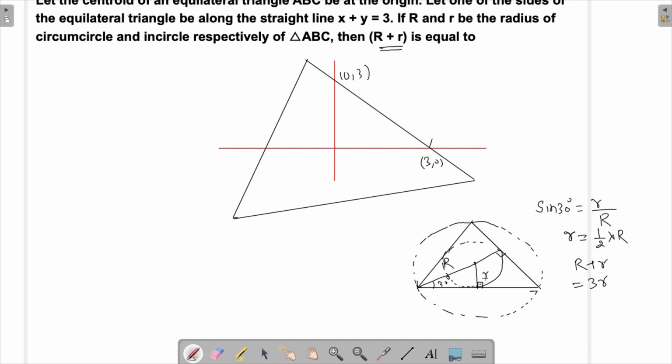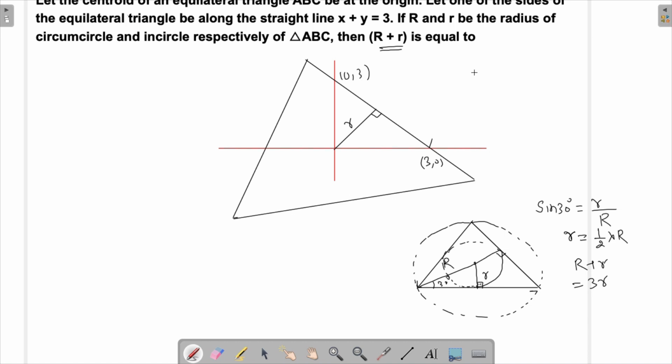Now, as you could see here, from the centroid or the incenter or the circumcenter, if I drop a perpendicular, then that would be equal to my inradius. So that is what I have to do. I have to drop a perpendicular from here to this line. If I can drop a perpendicular here, this perpendicular distance will be my r.